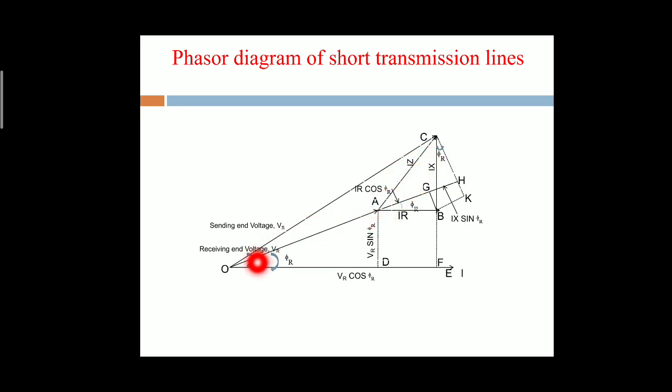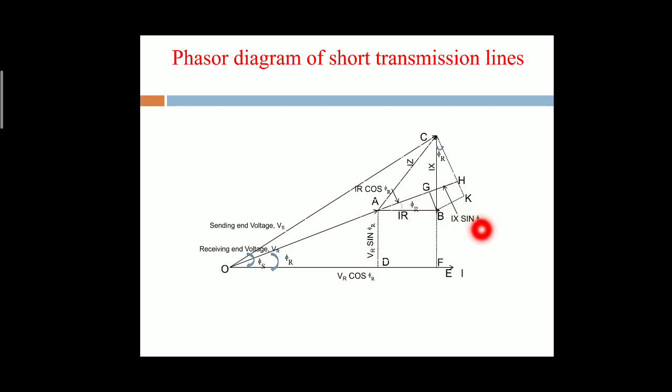While considering the approximation equation for the sending end, we take it as OA plus AG plus GH. What is the value of OA? OA means the receiving end voltage. What is the notation for AG? AG is the IR cos phi r. And what is the notation for GH?